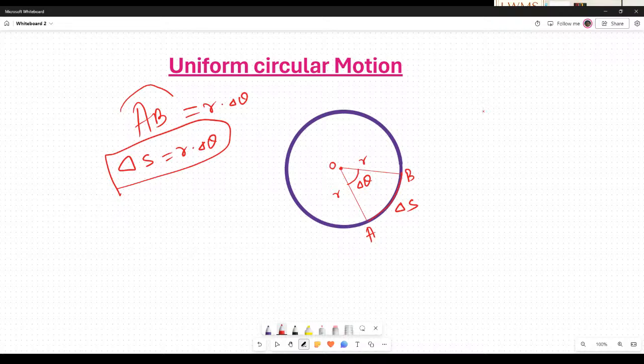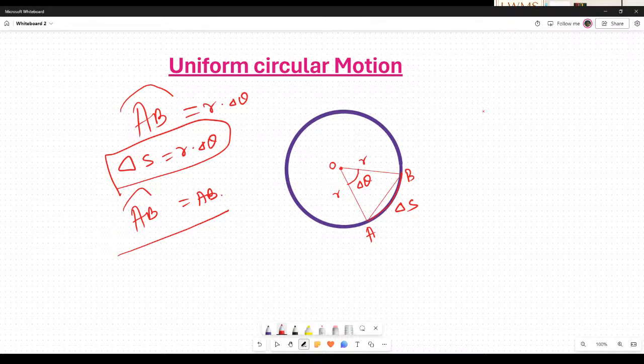Now, when the particle goes from A to B along this circumference, is there any difference between the distance along the chord and the distance along the arc? Can I take under any condition arc AB equal to chord AB?